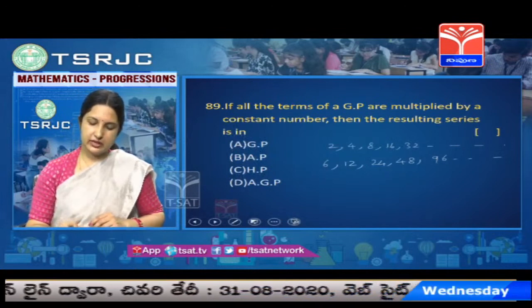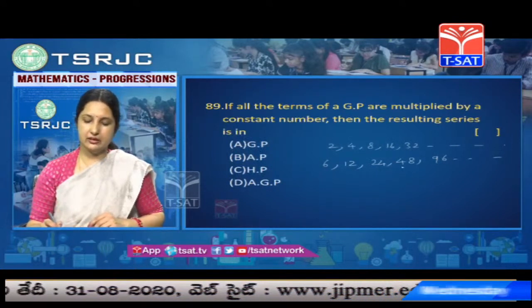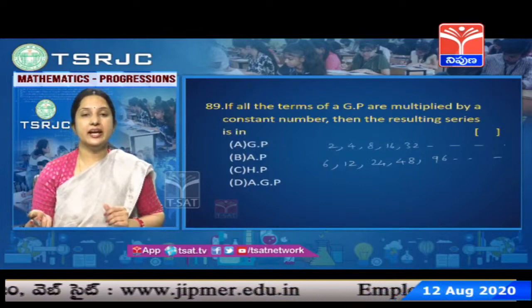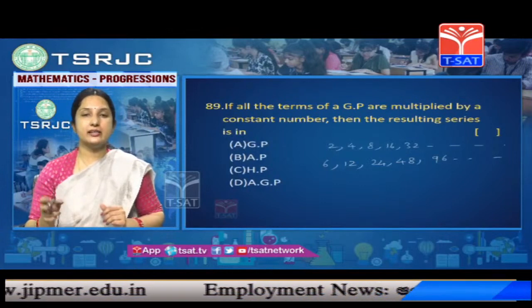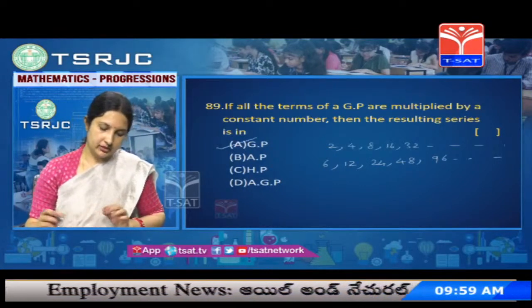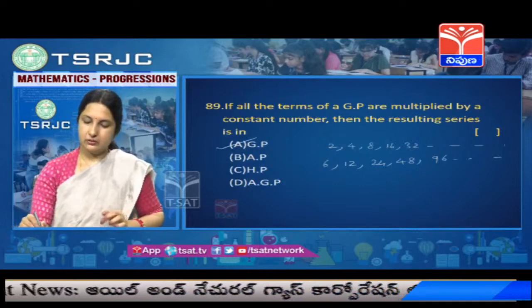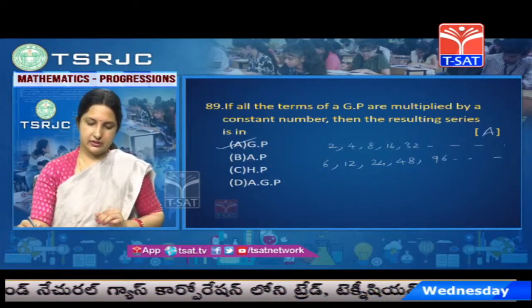Check this: 6 twos are 12, 12 twos are 24, 24 twos are 48, 48 twos are 96. This is also in the GP. So option A is the correct one.